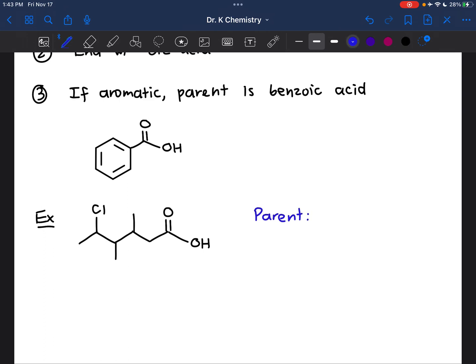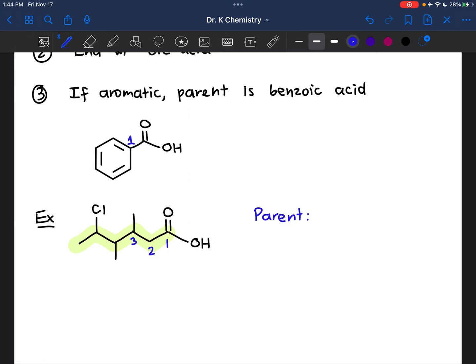Okay, we're going to find the parent name first. We need the longest continuous carbon chain. And we always start numbering at the carboxylic acid carbon, except in aromatic cases, then you would use the aromatic carbon that's directly attached to the carboxylic acid.